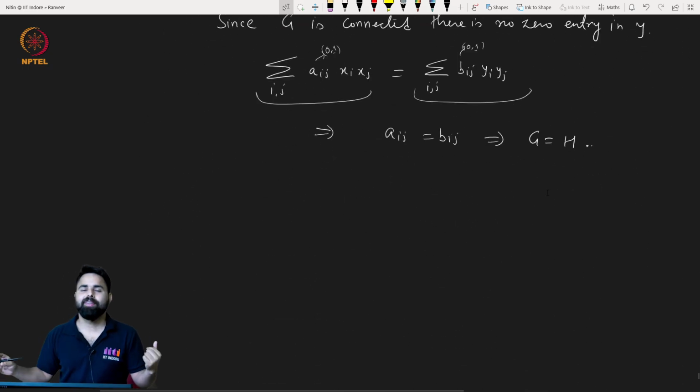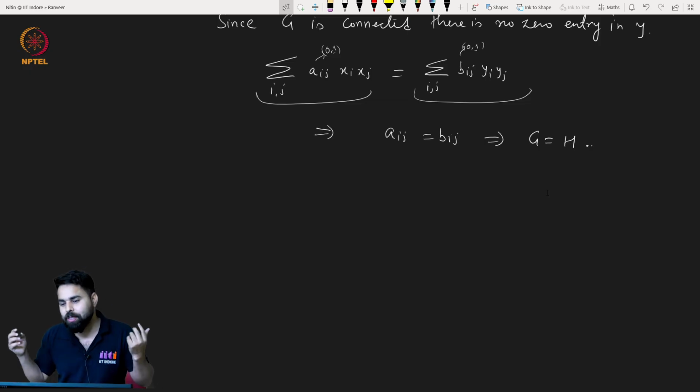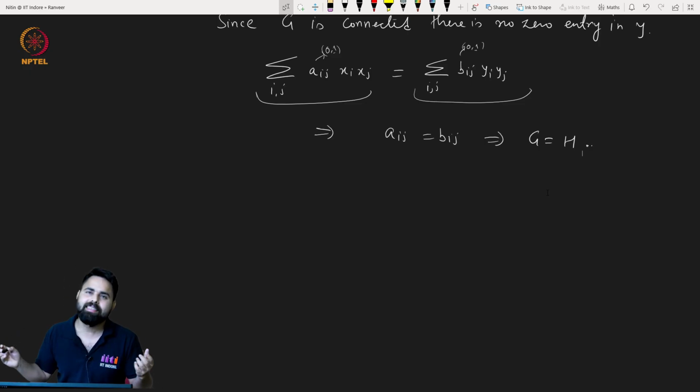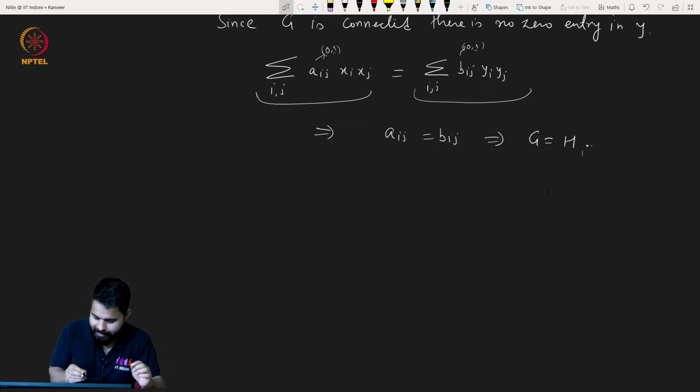Now let us move to another interesting fact, one which relates the largest eigenvalue with the average degree and maximum degree of a graph. So let me write the theorem.